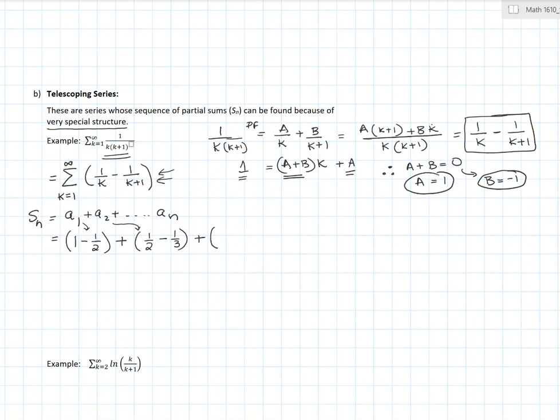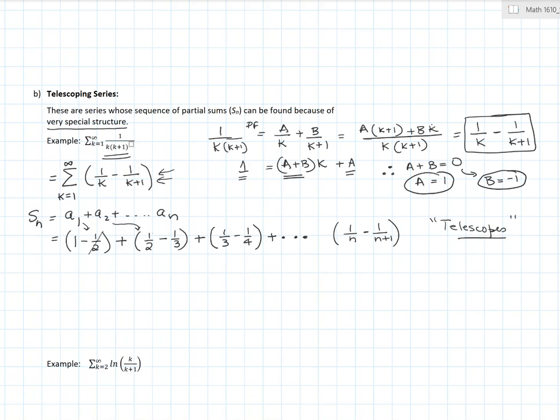Then the next term, a3. So k is 3, so that would be 1 over 3 minus 1 over 4. I can continue this way, and let's write down the last term. So an would be 1 over n minus 1 over n plus 1. Now the interesting thing here is that this kind of sum telescopes in the following sense.